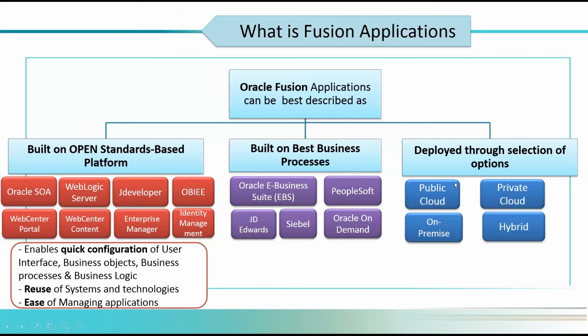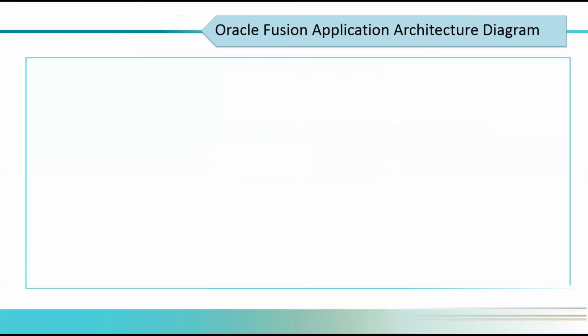Okay. Now, coming back to the Fusion application architecture, how the architecture looks. The next two slides will be heavy on technical components. Try to understand, though it's not necessary that we need to know everything. Just try to understand how the architecture looks.